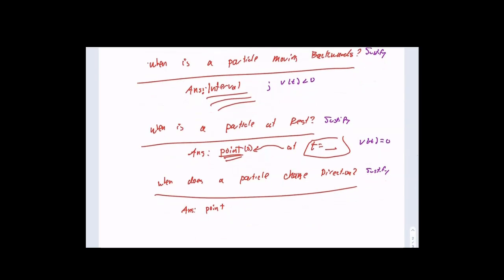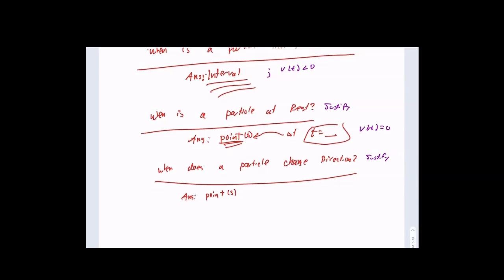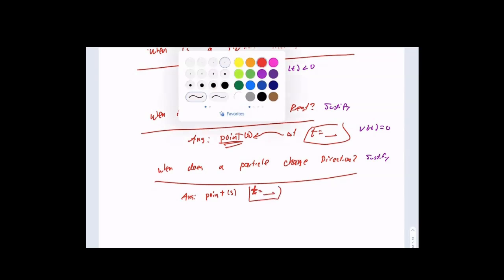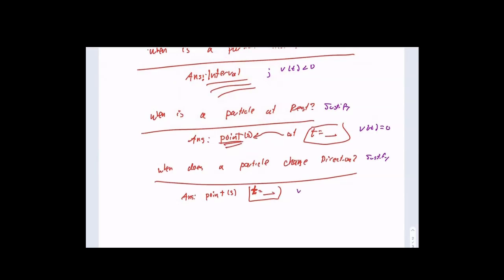Put a little parentheses around those. It could happen at more than one time. In other words, it's t equals some value. The justification here is because v of t changes sign.